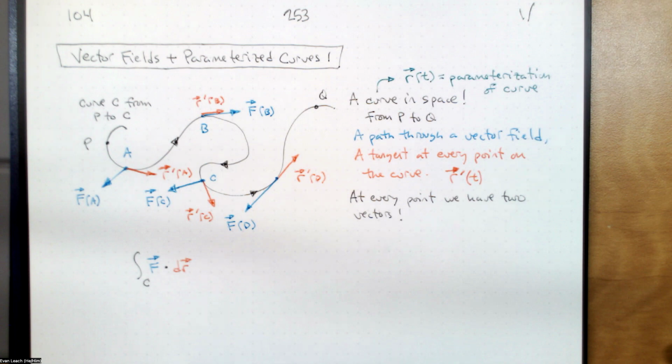At every point on the surface, we're going to grab a normal vector. And then at every point on the surface, we're going to look at the vector field flowing through the surface. We're going to find a dot product at all the points on the surface and add up those dot products. Any questions? Comments?